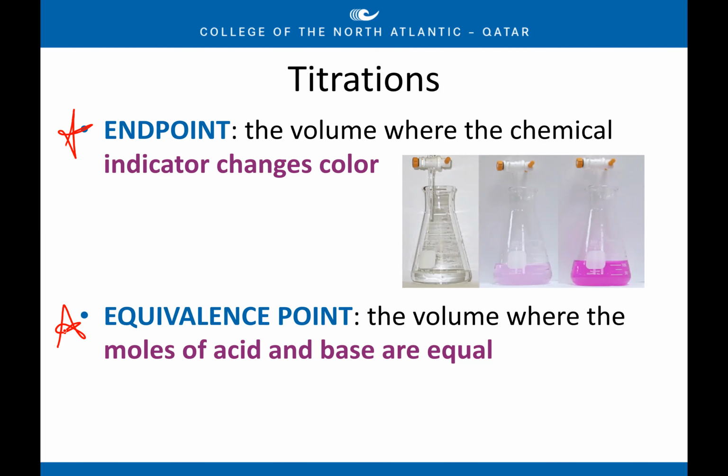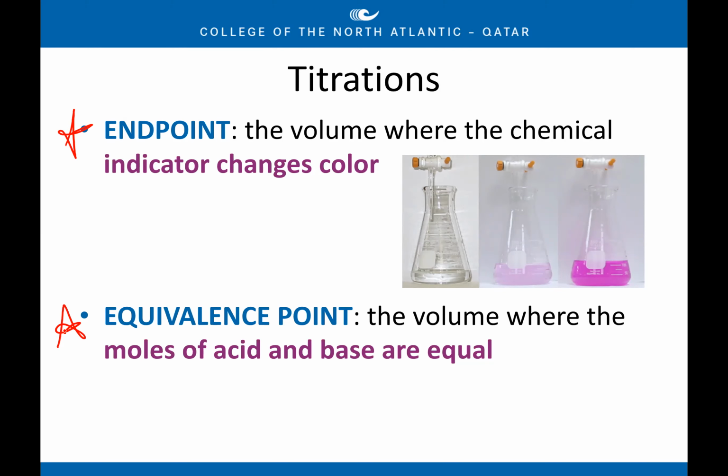So the end point is when you've added your unknown, you've mixed the chemicals together, and your indicator changes color. And in your lab, and anytime in 1121 when you're thinking about a titration, your indicator will be phenolphthalein.